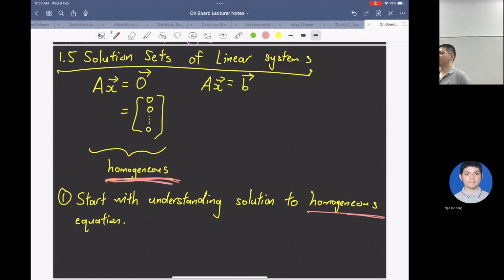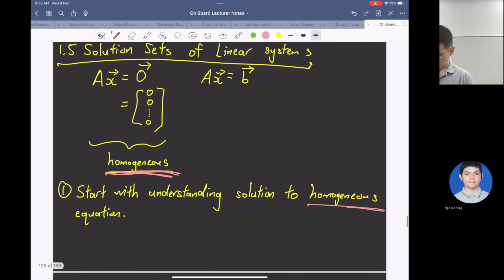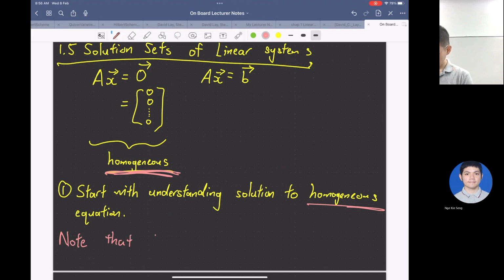A times which vector will give you 0? Yes, 0. Note that A multiplied with 0 always gives you 0. To remind you again, this is 0 times the A1 column, and then 0 times the A2 column.